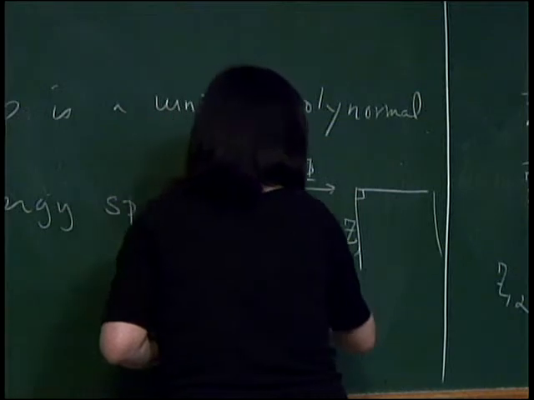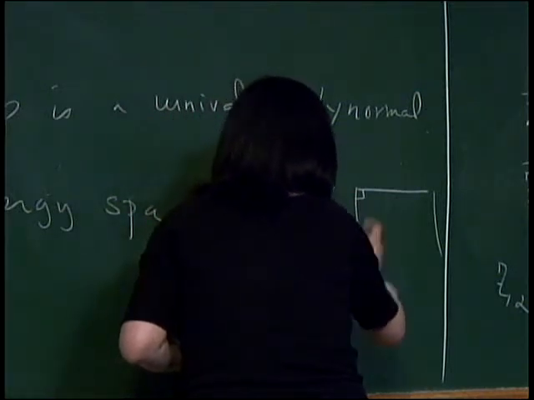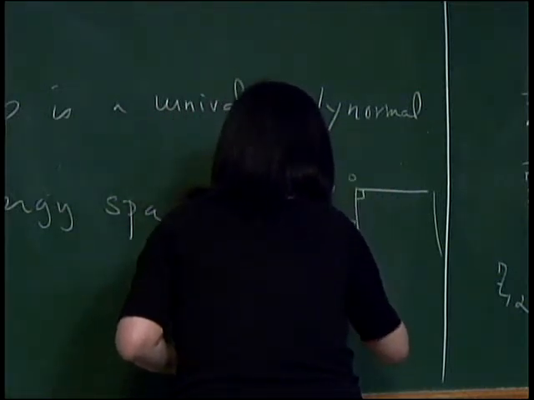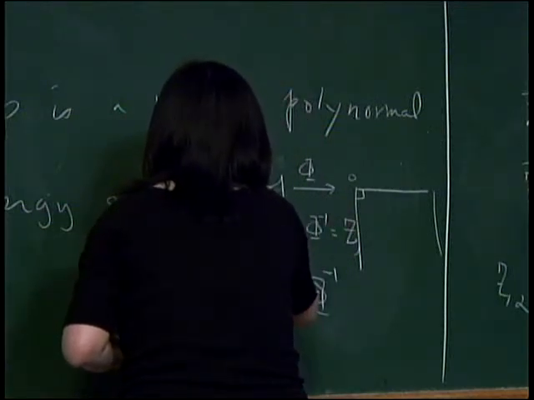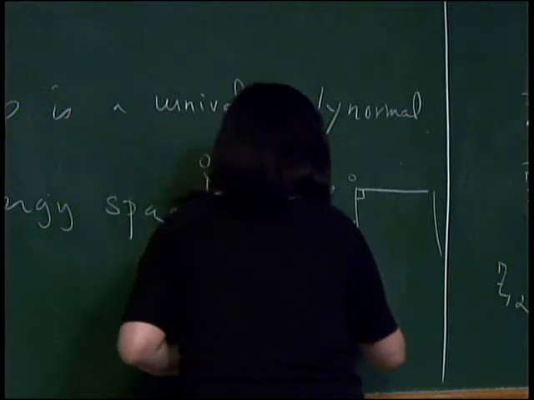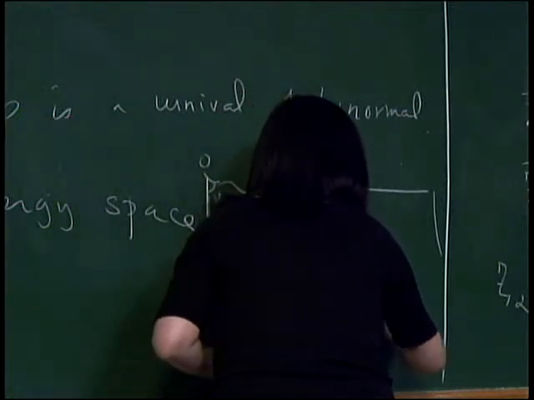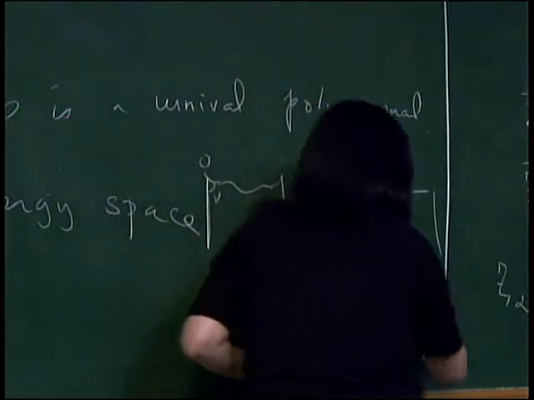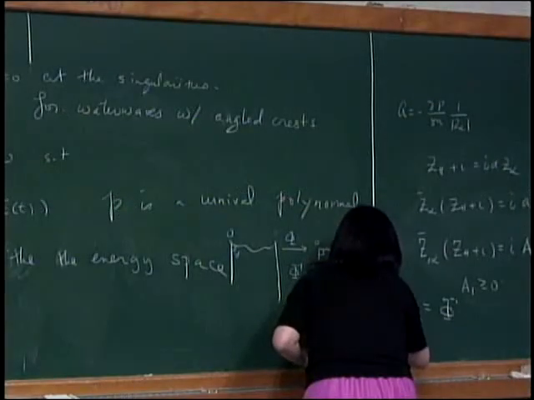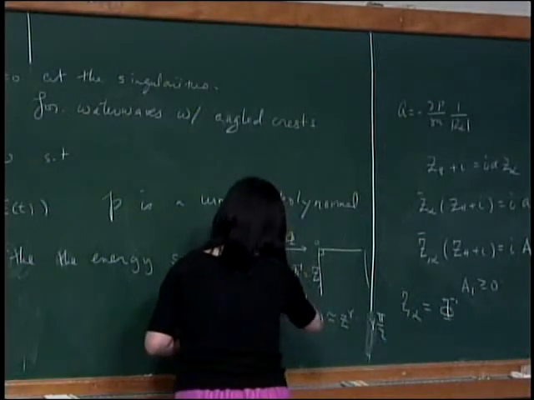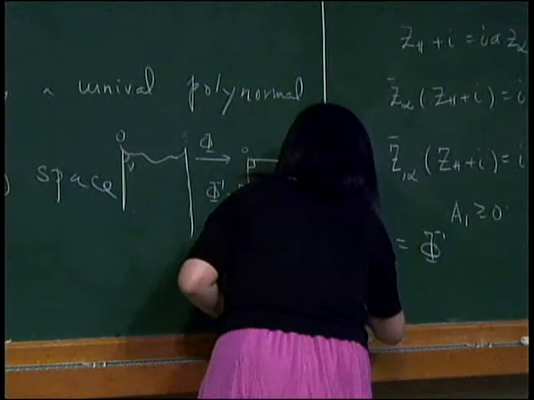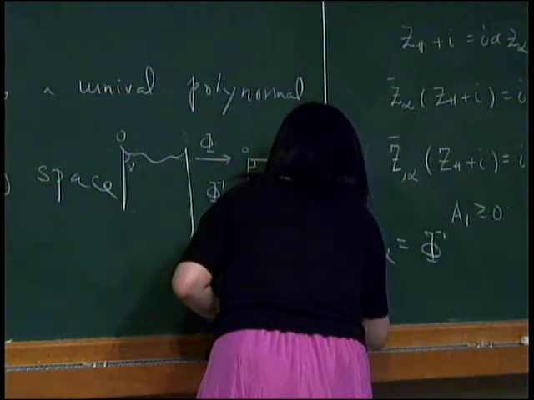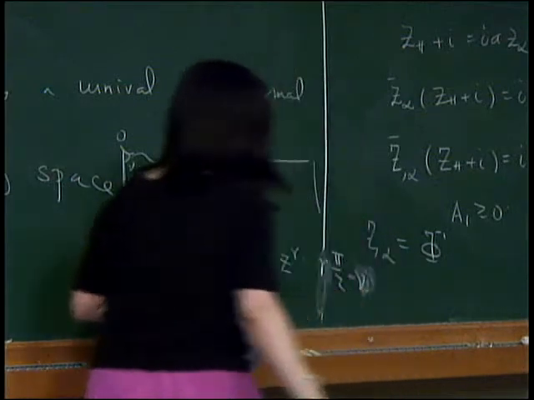Suppose this is 0, and this angle is mu. Then the inverse Riemann mapping should behave like z to the R, where R times pi over 2 takes pi over 2 to the angle mu.